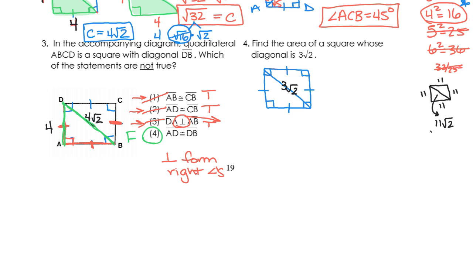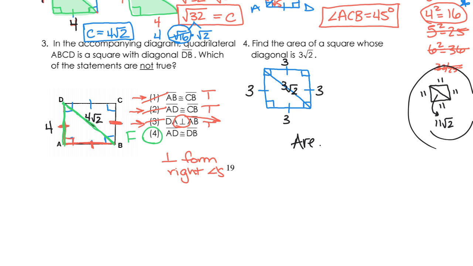Well, if you remember my little trick, a couple times I showed you that whatever the diagonal is, it's the side multiplied by the radical 2. So if we take the radical 2 off, we're going to figure out that the side of the square is 3. Okay?